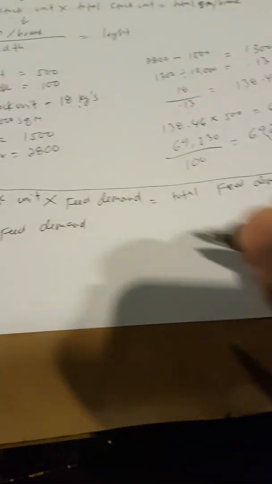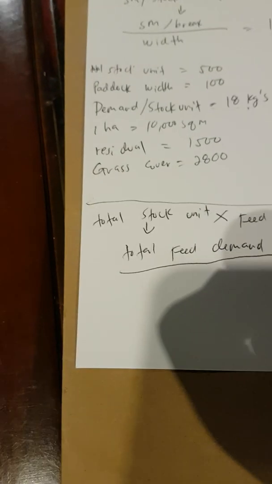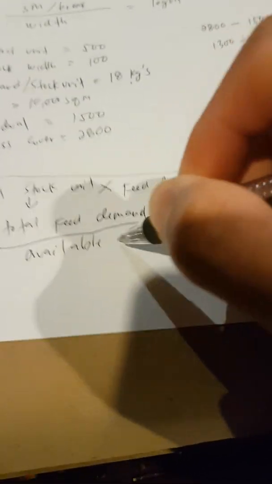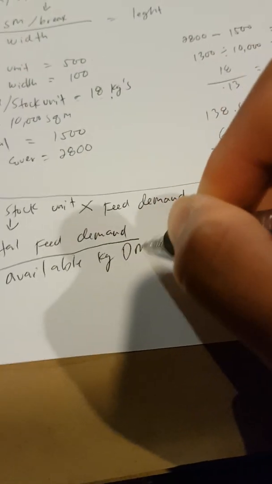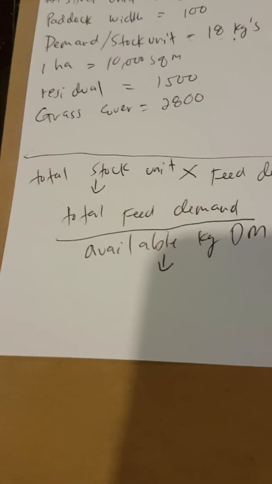Total feed demand divided by available kilogram dry matter per hectare, kg DM per ha, becomes your area needed.